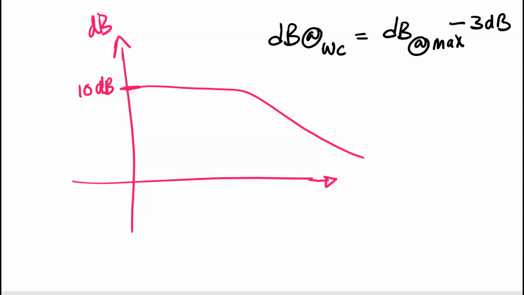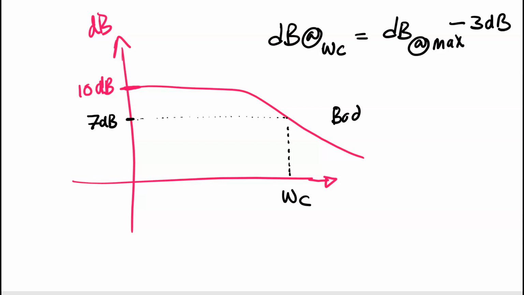So if my maximum gain is equal to 10 decibel, then I have to focus on 7 decibel, and the frequency that I have a gain equal to 7 decibel is basically my cutoff frequency.